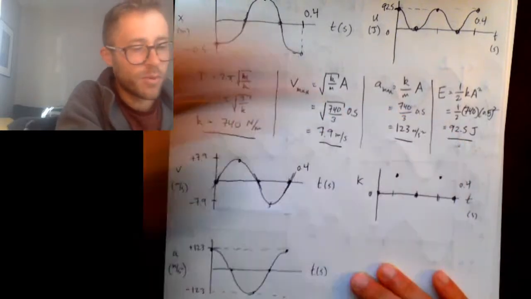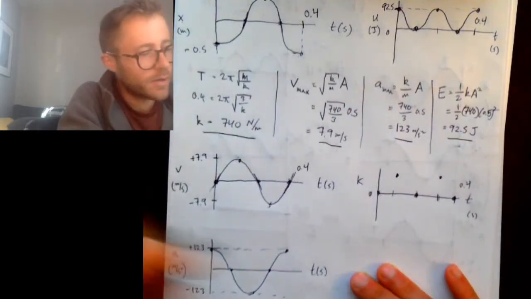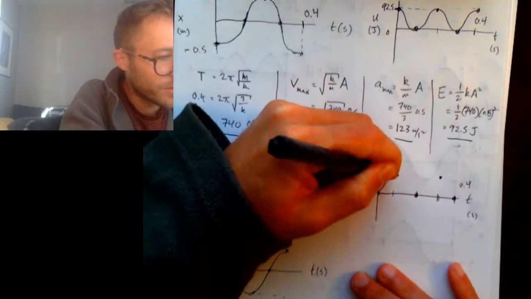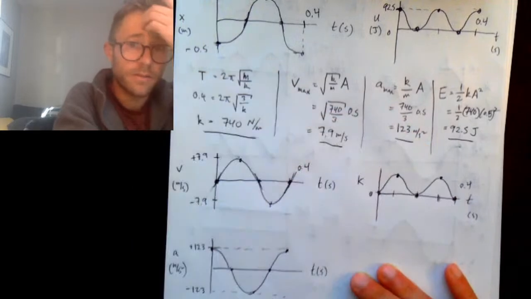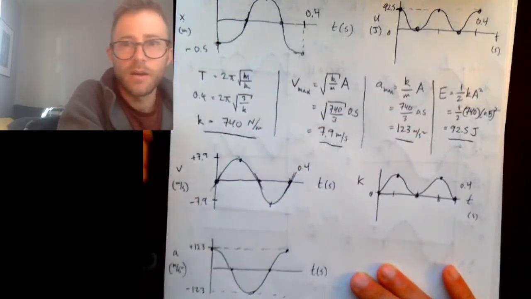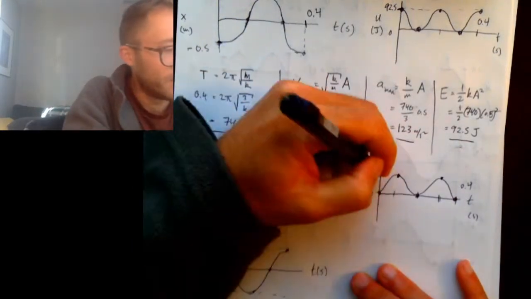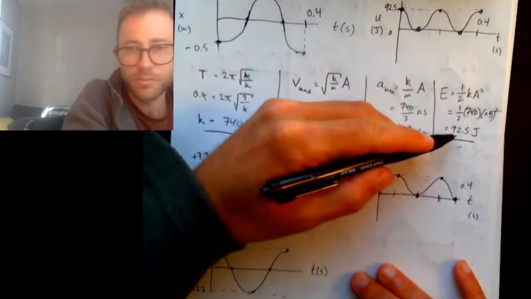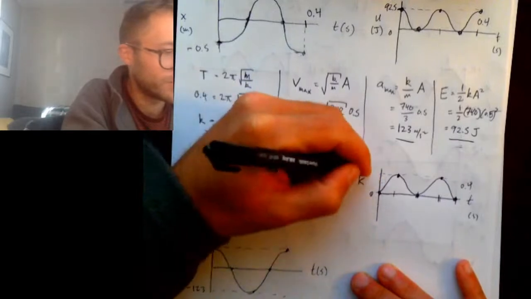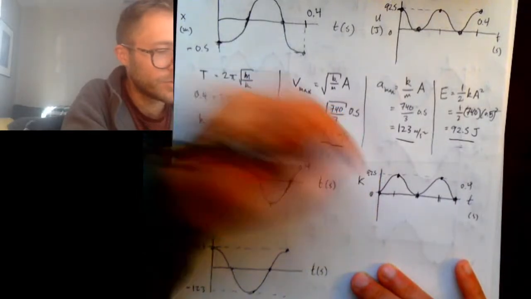So I have 5 points. Connect them with a smooth curve, like so. And then, again, the maximum value of the kinetic energy is simply the total amount of energy, which is 92.5 joules.